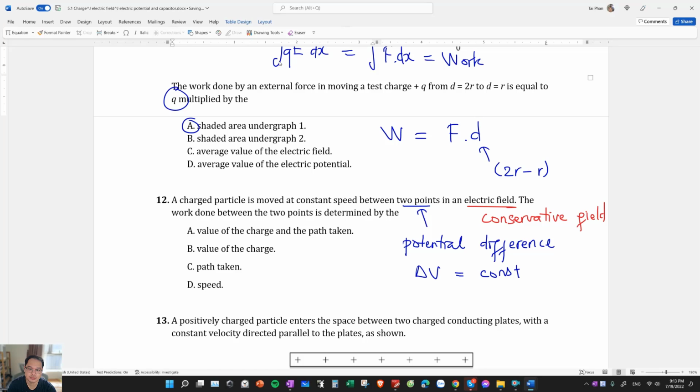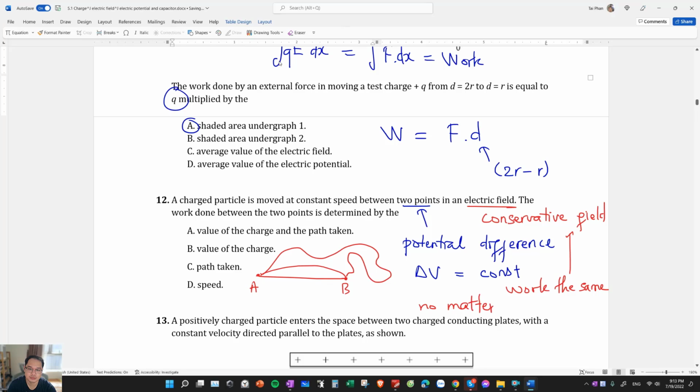No matter if it moves from A to B straight, or as a curve, or very long, and ends up at B, the work will be the same no matter the path, as long as it moves between only those two points with a constant potential difference.